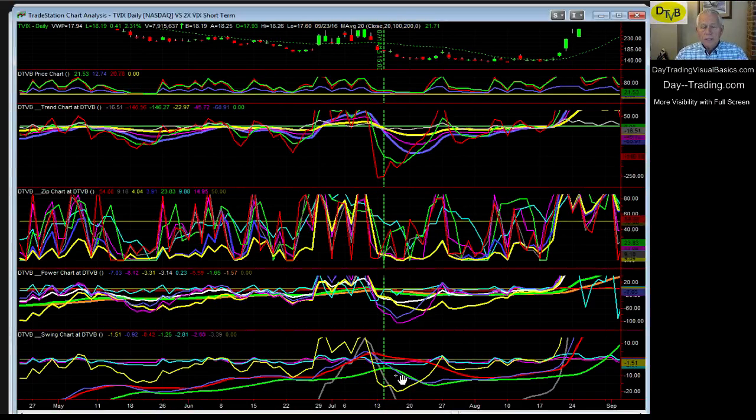So this example is loaded full of indicators that tell us that the price is going to go down next day, and several of these indicate more than one day. And so it's exciting to see these indicators tell you what's going to happen.